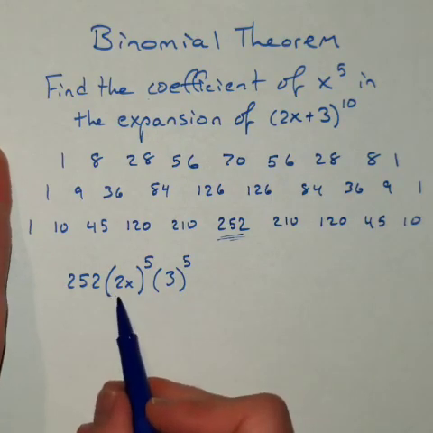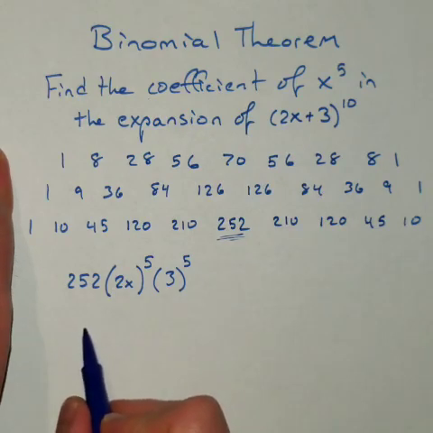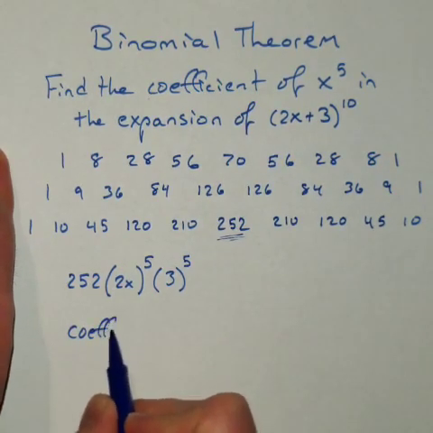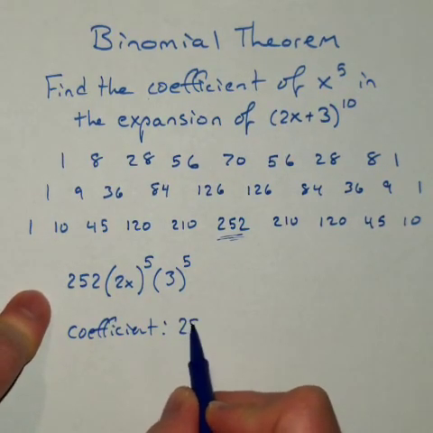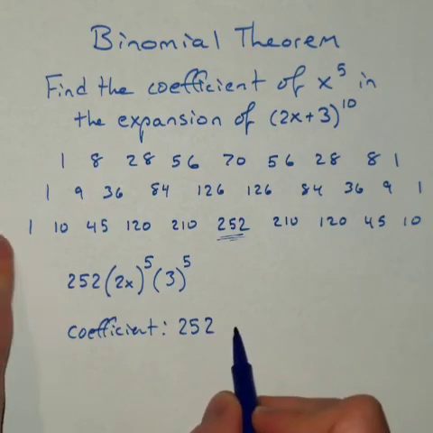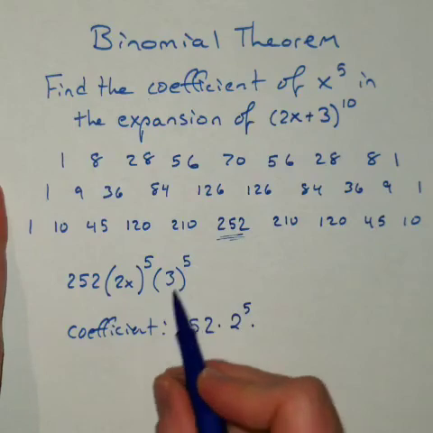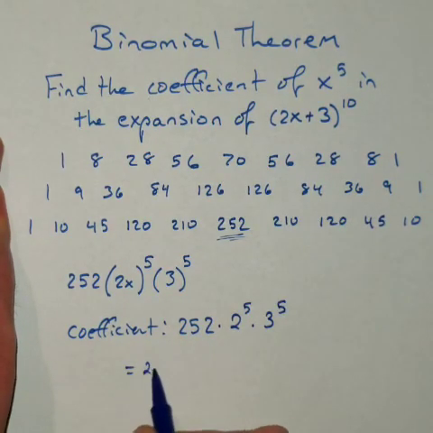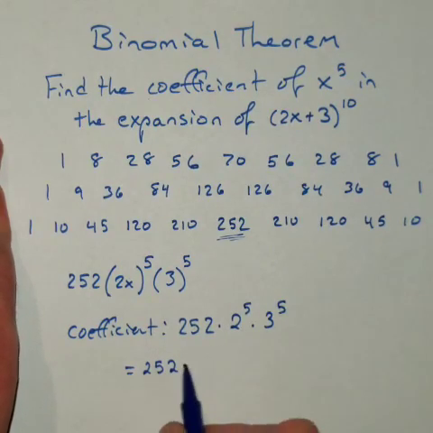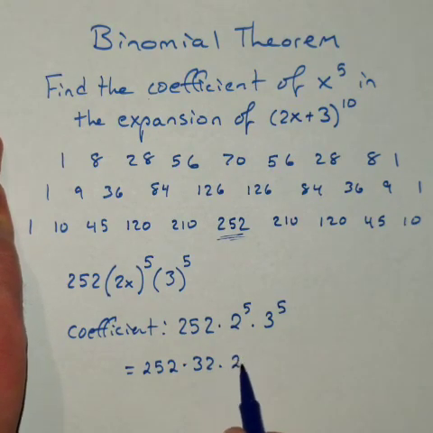And so I'm really looking for the coefficients. So the x isn't really what's important. I need the rest of it. So the coefficient is going to be 252 times 2 to the 5th times 3 to the 5th. Now 2 to the 5th is 32, and 3 to the 5th is 243.